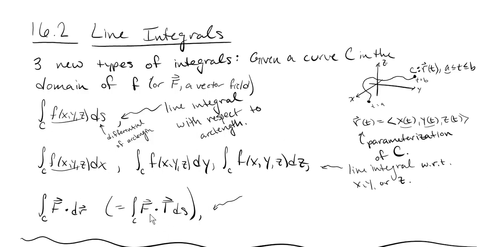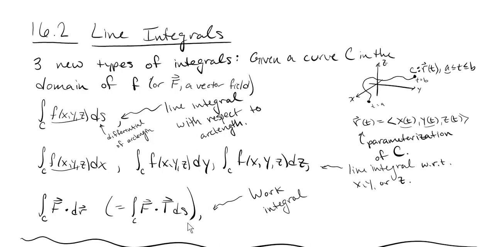We'll see this is another expression for this F dot T ds. This T is actually the unit tangent vector on this parameterization. So we want to review unit tangent vectors, these vector functions in space curves. But this, I'll refer to as a work integral. And we'll see why I'm going to call it that.